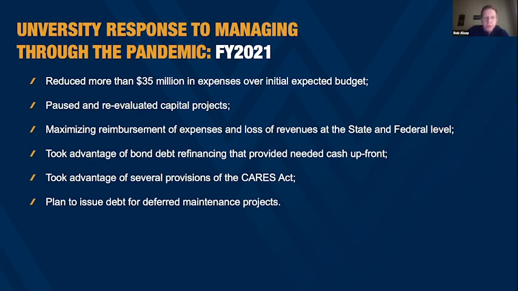We hope to issue around $20 million worth of debt to preserve cash to take care of some of those projects. All designed so that we do not lose a significant amount of our cash or have a significantly unbalanced budget for fiscal year 21 going forward.